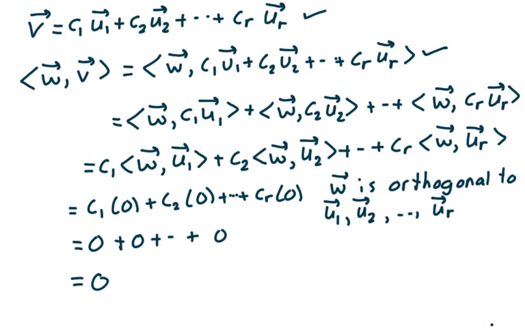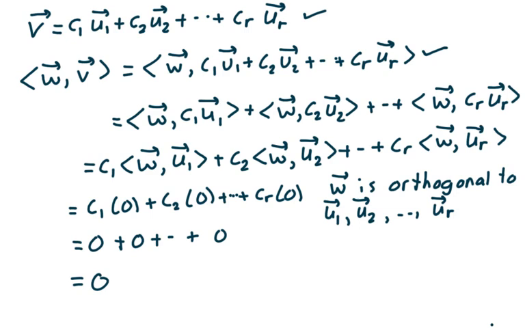Now, this can be written as C1 times the inner product of W and u1, plus C2 times the inner product of W and u2, plus ... plus Cr times the inner product of W and ur, right?